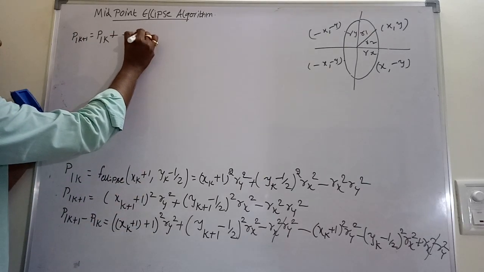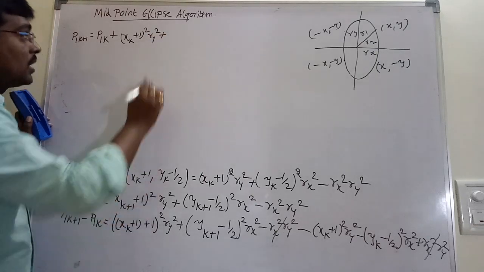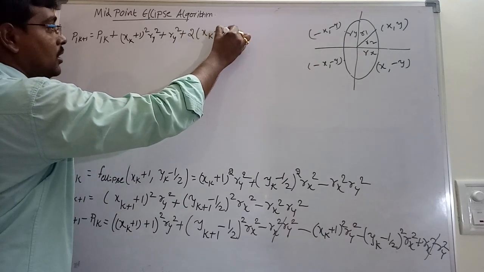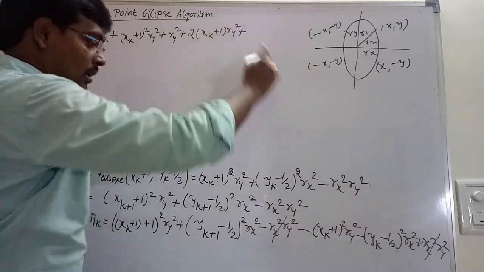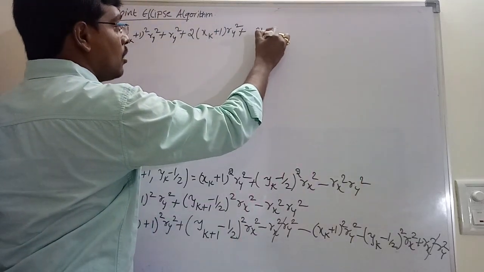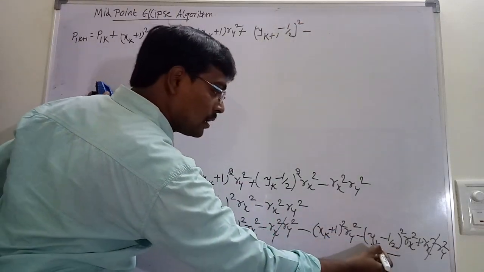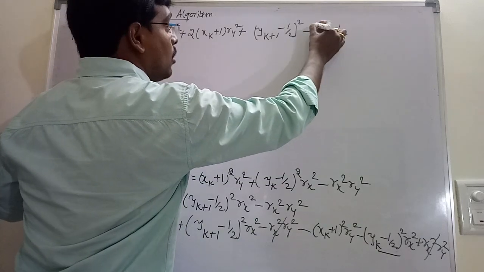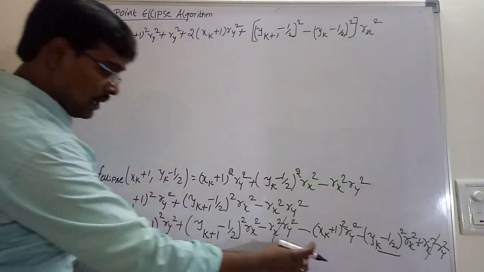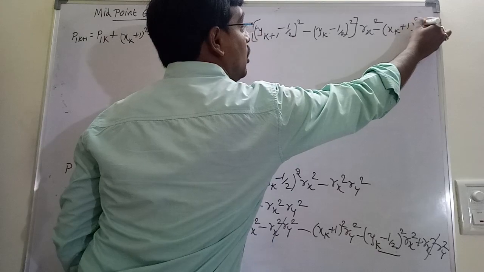That means (xk+1) whole square into ry square plus b square, that means 1 into ry square, plus 2 into (xk+1) into ry square plus, take the common term yk+1 plus (yk+1 minus half) whole square minus (yk minus half) whole square into rx square, minus this term, that means (xk+1) whole square into ry square.